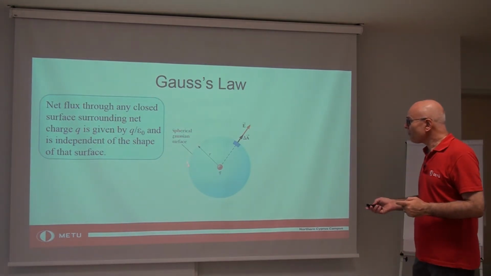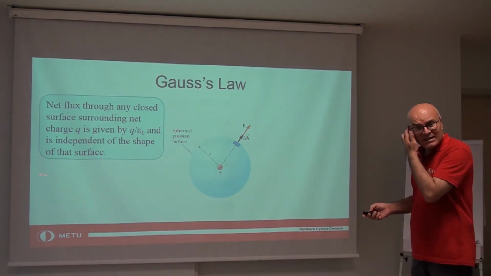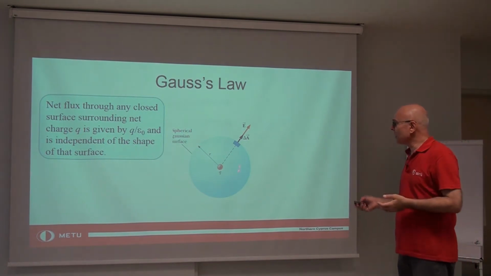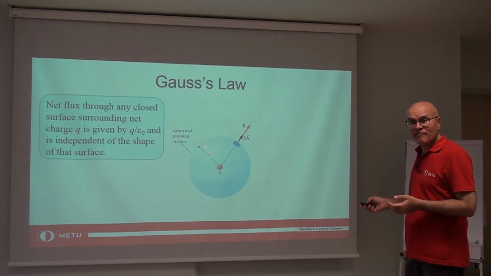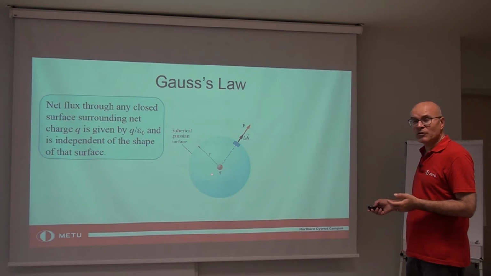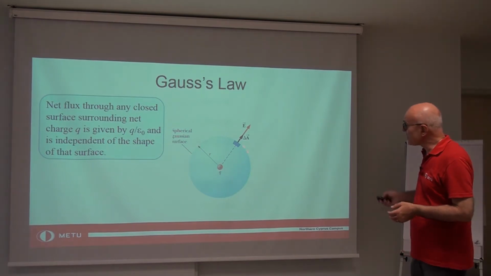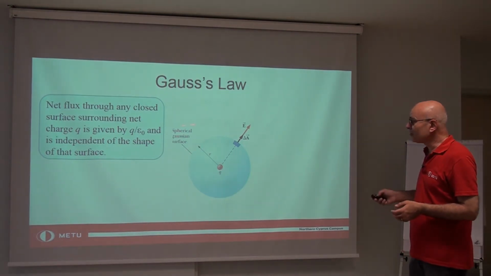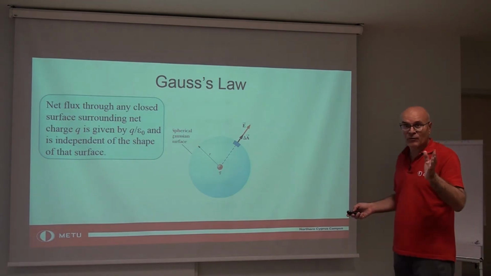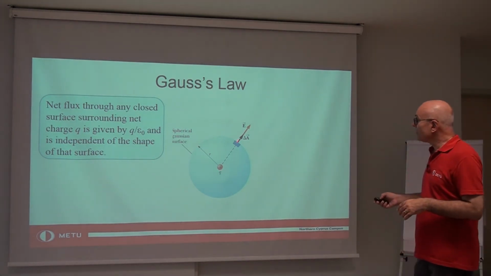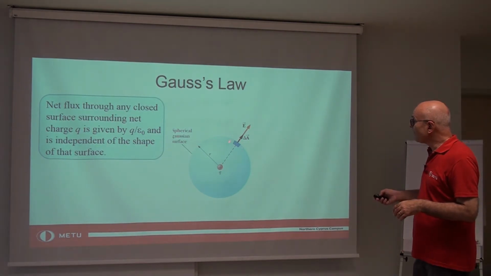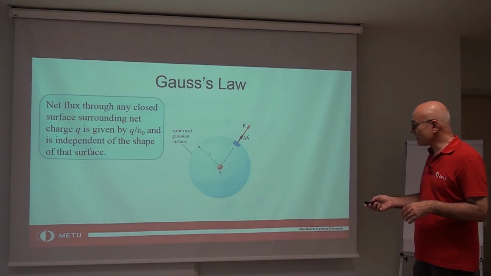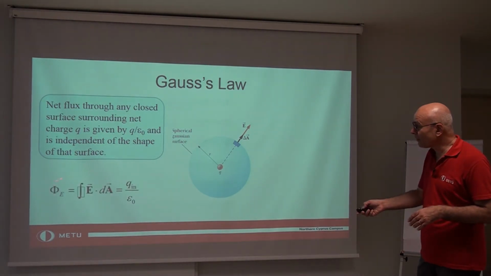So let's do it for some familiar surface. Assume that I have this point charge. I imagine a surface surrounding that charge. Here I'm just taking it as a sphere, although this is not necessary. And then there is an electric field at the surface here. I evaluate the flux of this electric field, just as I have learned, by carrying out this integral.